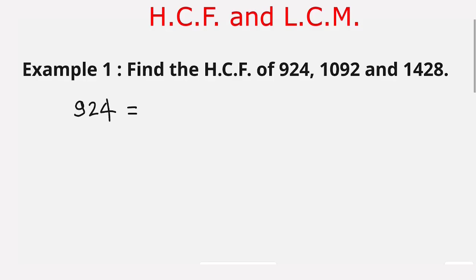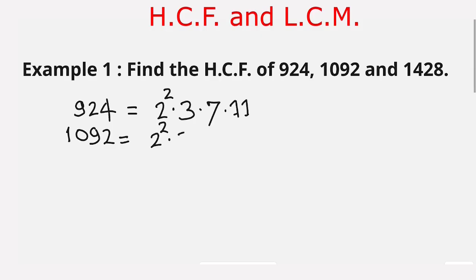The prime factors of 924 are 2 to the power 2 multiplied by 3 multiplied by 7 multiplied by 11. Now we find the prime factors of 1092, and the prime factors of 1092 are 2 to the power 2 multiplied by 3 multiplied by 7 multiplied by 13.